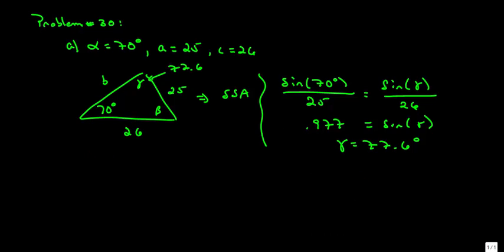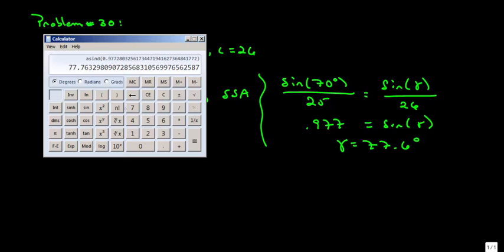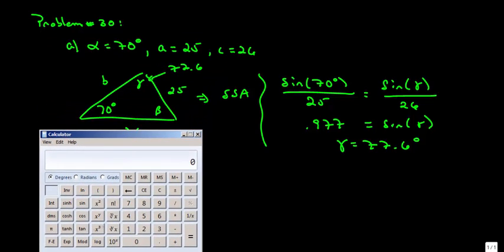Now I need to check to see if there's another triangle floating around in there. So how do I do that? I've got one triangle for sure. Let's see if there's a second one. Before I do anything else, I'm going to take 180 and subtract 77.6, so that's 102.